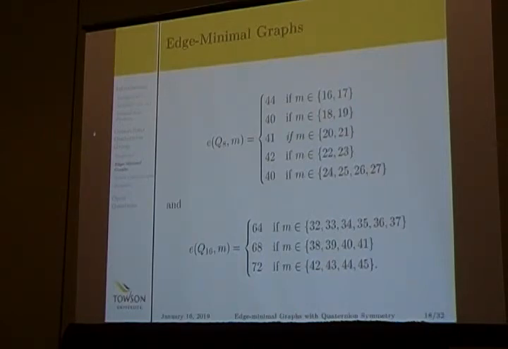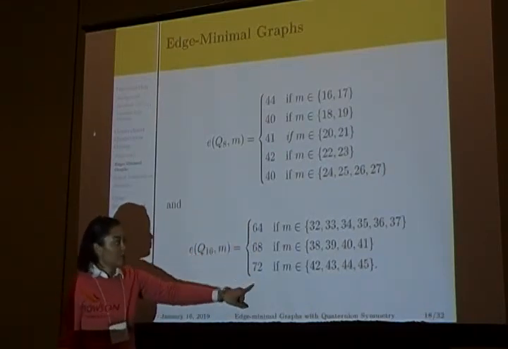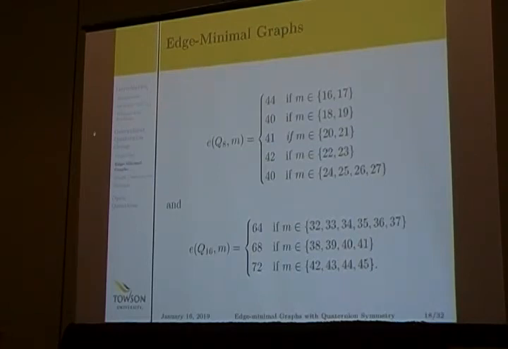Q8 is strange. It didn't behave like any of the other Quaternion groups, and it didn't behave like any of the other known groups where the line minimal problem has been solved. So I think it's natural that these are divisible by 2, because if you have some edge in your graph and you're insisting that it has a quaternion symmetry, that edge will be mapped to an even number of things under some automorphism.